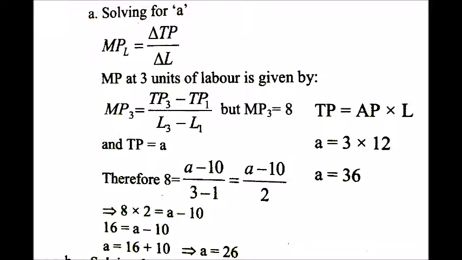MP3 is equal to TP3 minus TP1, divided by labor 3 minus labor 1.